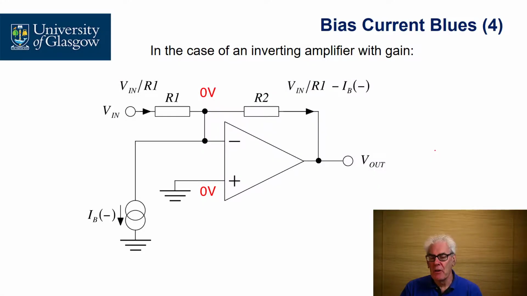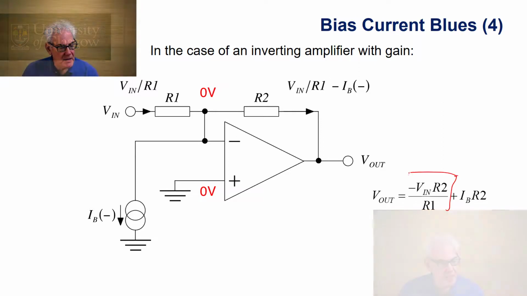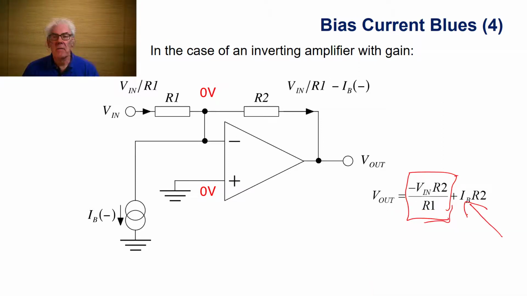If we now apply the same analysis to an inverting amplifier, but this time place gain into the equation, we have the same situation, that we are forcing the negative input to be at 0 volts because the positive input is also connected to 0, and we can do the analysis, and it works out that the output voltage is the classic transfer function plus the bias current times R2.